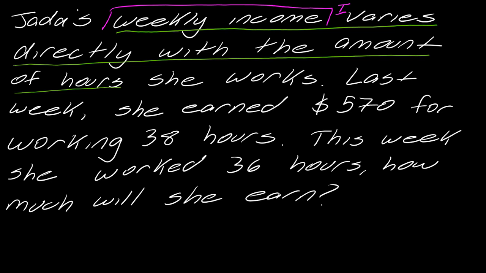And over here, we could call this H for hours. And now we can reformat this, right? So I varies directly with H is really the way we can think about that. So the rest of this will really work the same. So if you want to pause and try the problem, go for it.